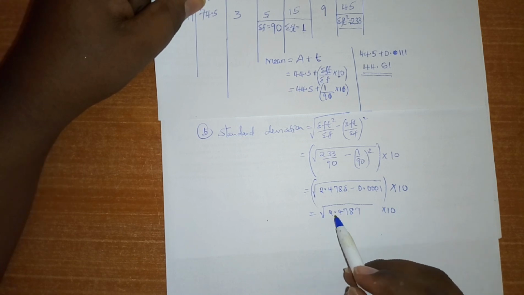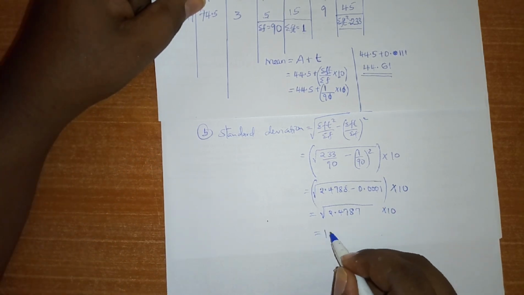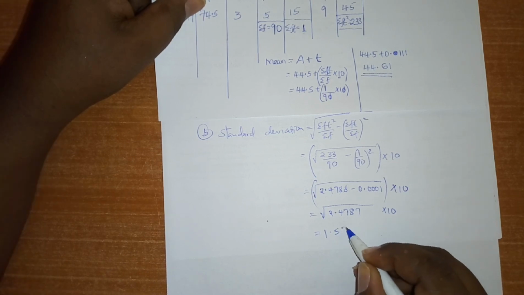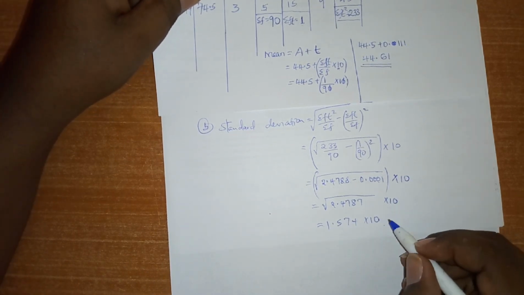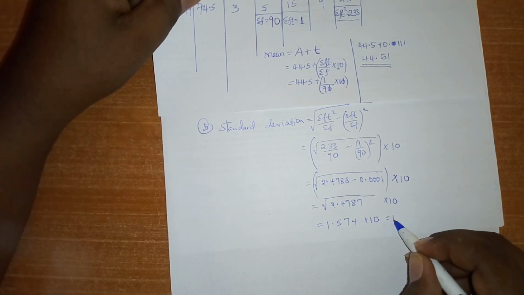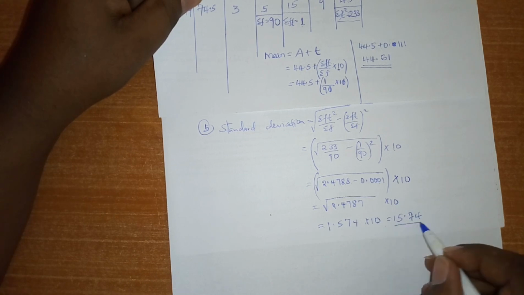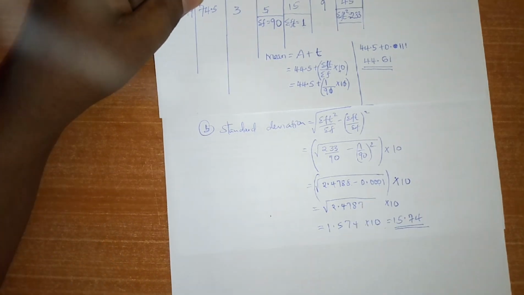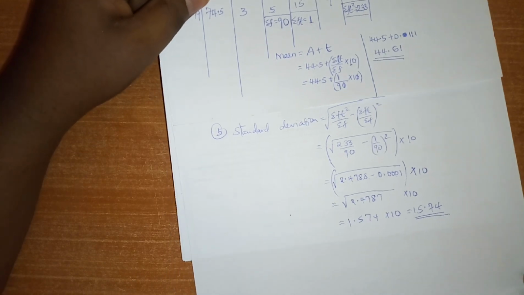When you find the square root of 2.4787, you're going to get 1.574 times 10. When you multiply, you're going to get 15.74 as your standard deviation. So that's how you can find the standard deviation.